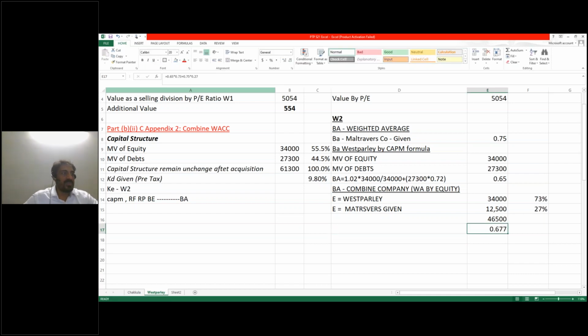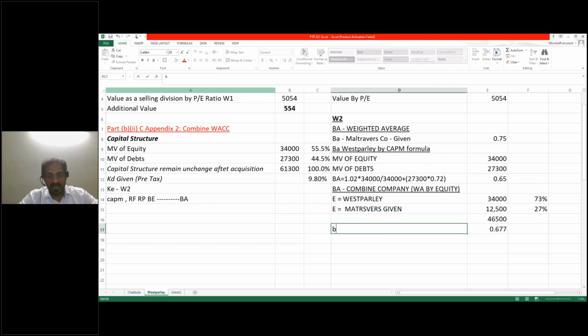That is the point. Beta asset of the combined company.